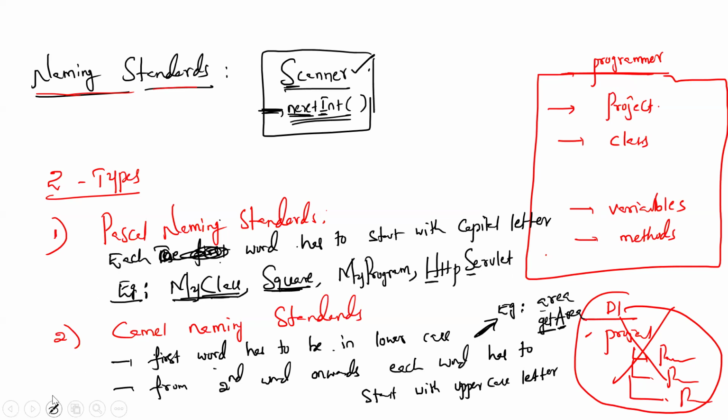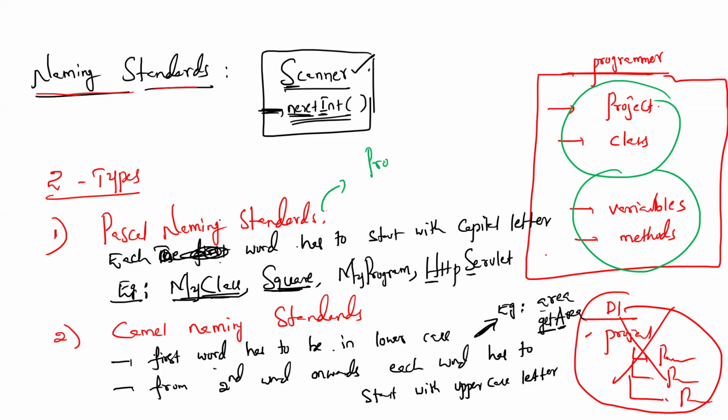Then the next point. Here we have these four things for which, as programmers, we give names, correct? Which one has to follow what rule? That's the next point. Pascal naming standards have to be followed by project names in Java, and class names also.